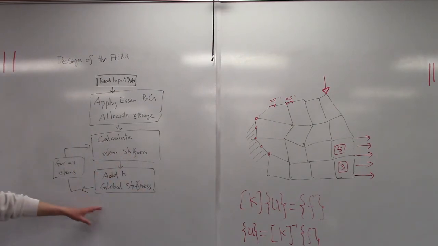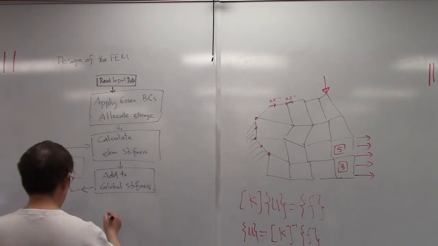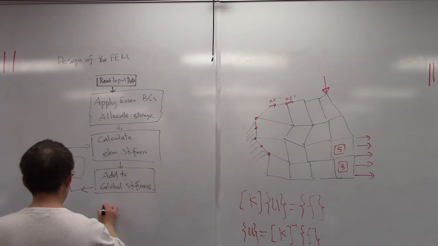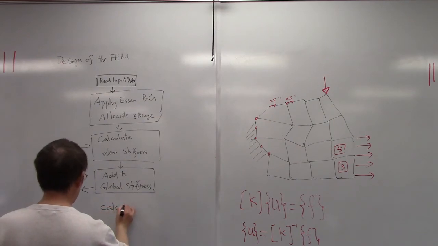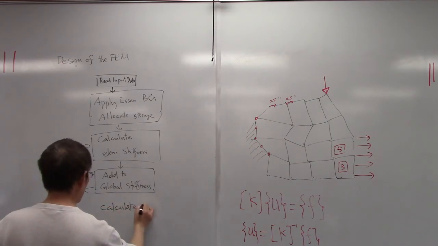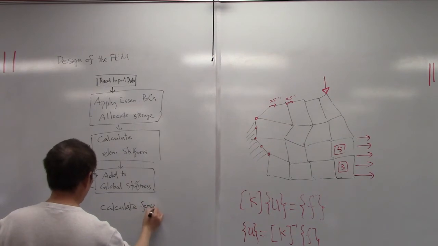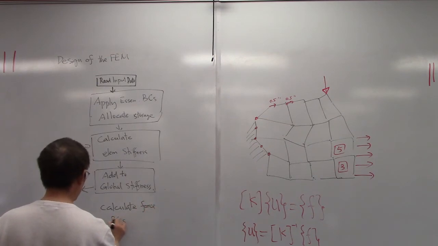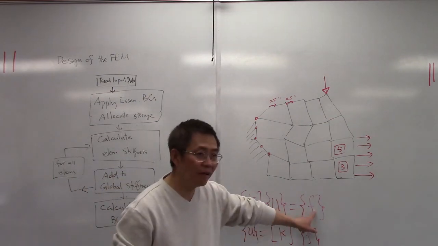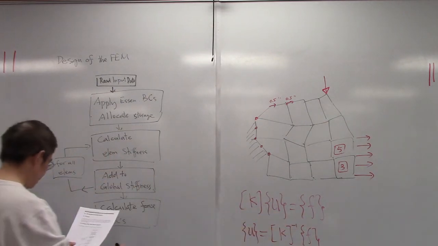And loop through all the elements. Once you're done, now you have a global stiffness matrix. Then you calculate force boundary conditions or natural boundary conditions. Essentially, you calculate this F factor, okay?